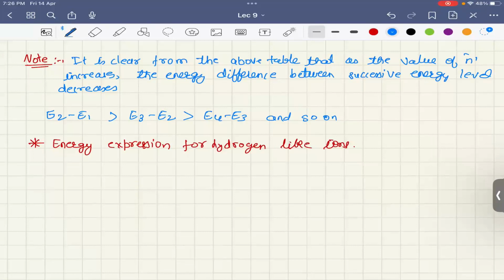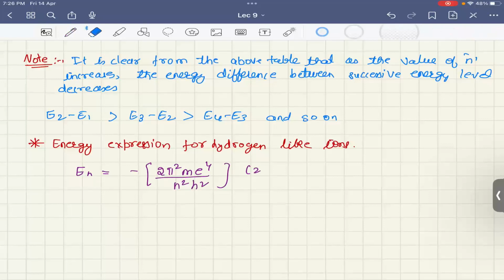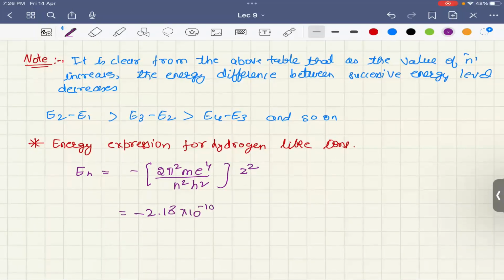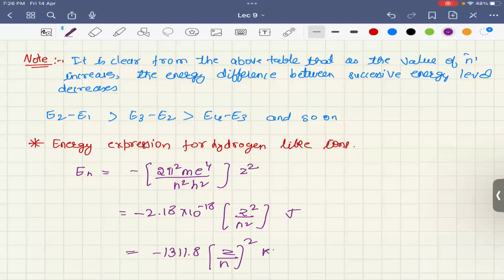The energy expression for hydrogen-like ions comes out to be En equals minus 2π²me⁴/n²h², and here, to account for hydrogen-like ions, we just put in the Z² value, which comes out to be minus 2.18 × 10⁻¹⁸ × Z²/n² joule, which is minus 1311.8 × (Z/n)² kilojoule per mole, where Z is the atomic number.